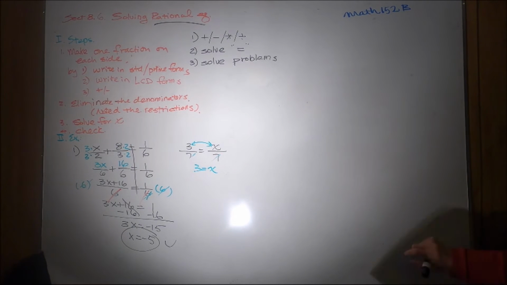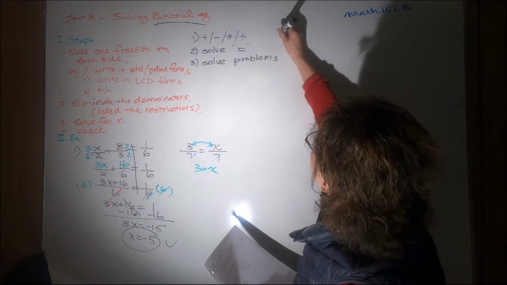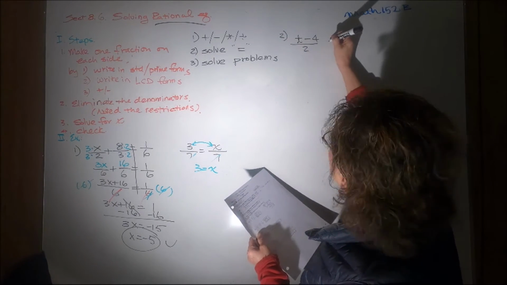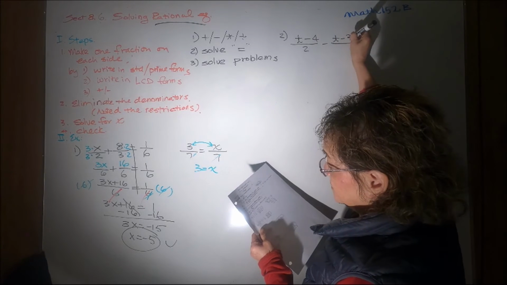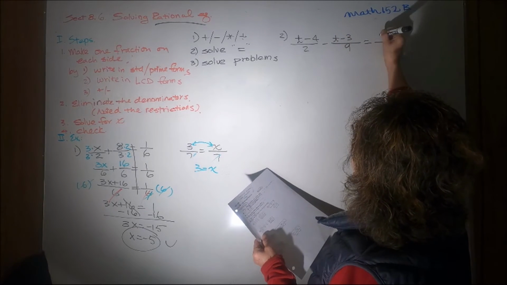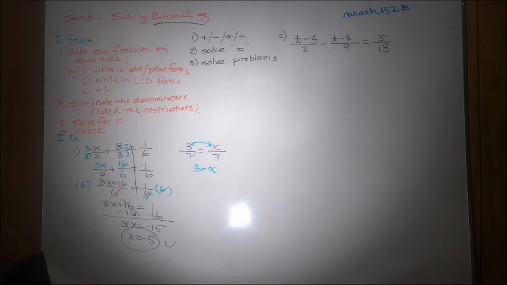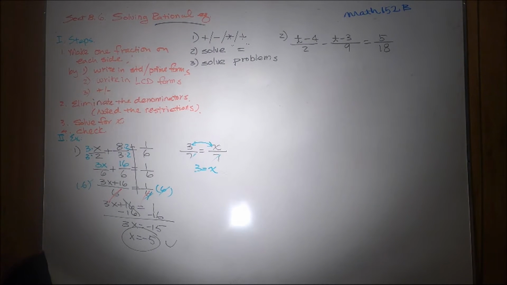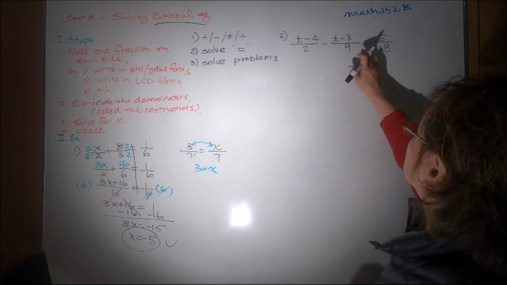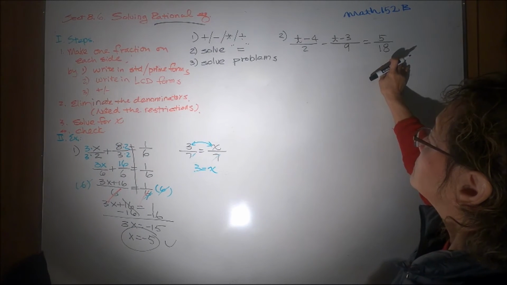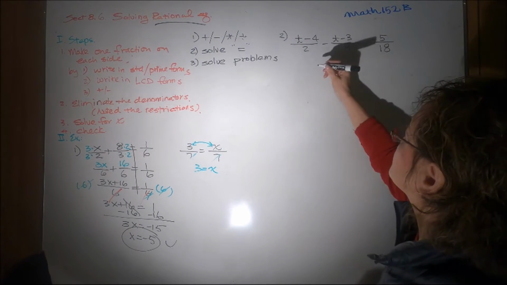Let's take a look at the second example. We have (t minus 4) over 2 minus (t minus 3) over 9 equals 5 over 18. So, writing one fraction on each side, you have to find the LCD for all of them, to be compatible for each side.